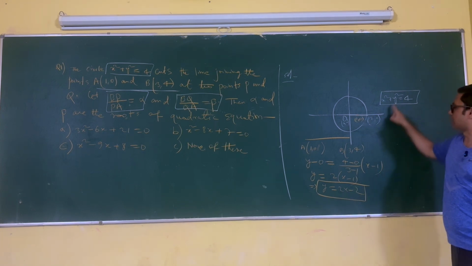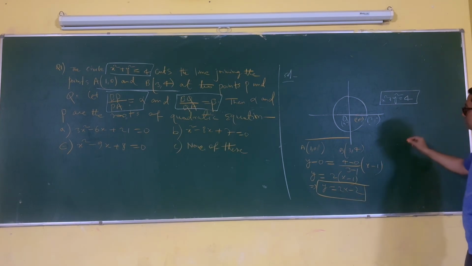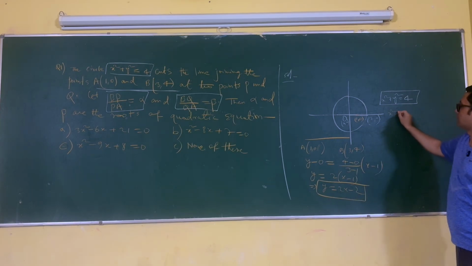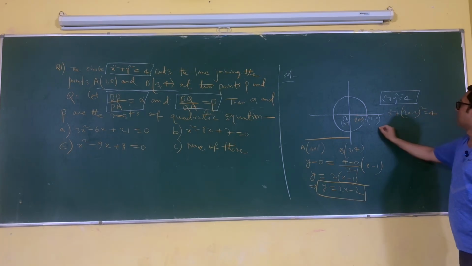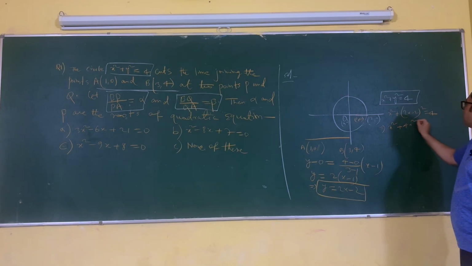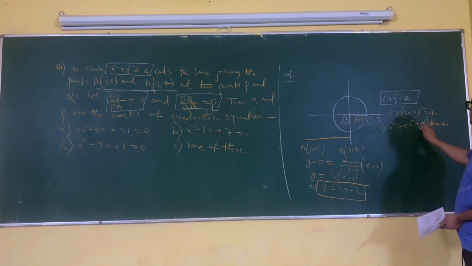So in place of y you can put 2x minus 2. So it will be x square plus 2x minus 2 whole square is equal to 4, and then it would be x square plus 4x square plus 4 minus 8x is equal to 4. 4 and 4 get cancelled on both sides.